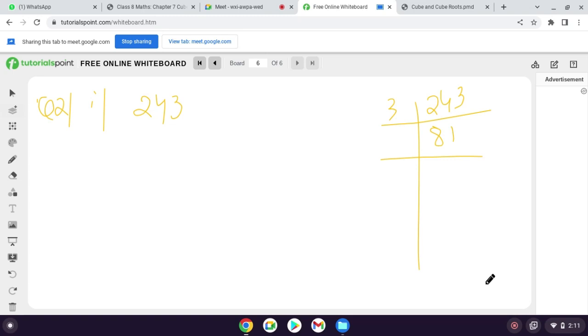Then 81 divided by 3. 3 2s are 6. 3 7s are, then 3 9s are, 3 3s are, 3 1s are. I will write the factors, multiples.